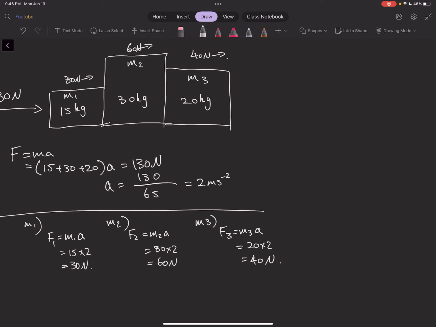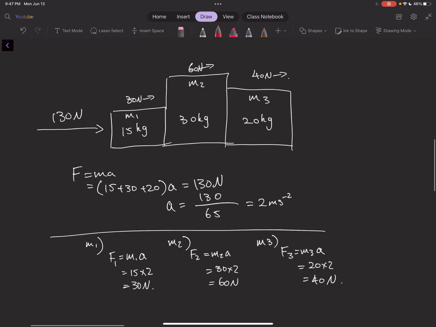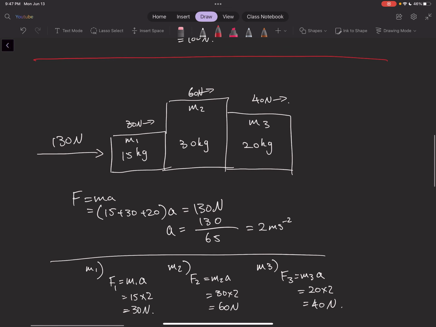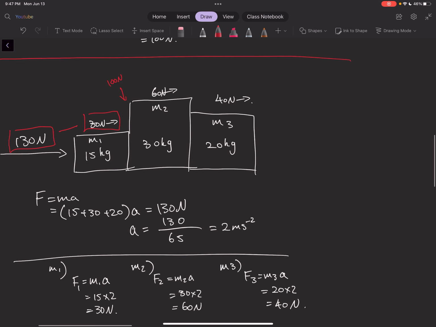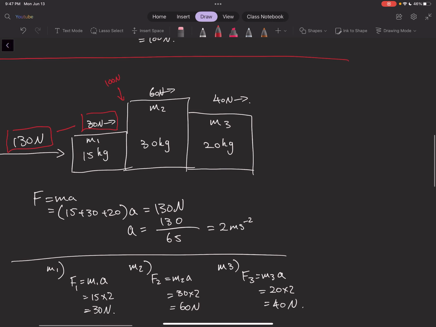Now, if we were to use the technique I used earlier to find the contact force between m1 and m2, what would we do? We would use 130 minus 30, and we expect a contact force in here of 100 newtons. Great. Now, what about the next one? We have 100 newtons here. How would we find the contact force in here? Well, it is not 130 minus 60.